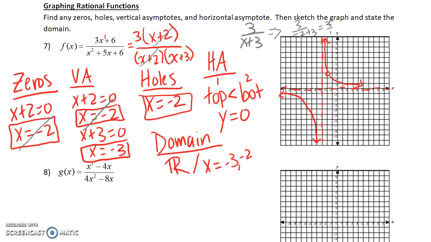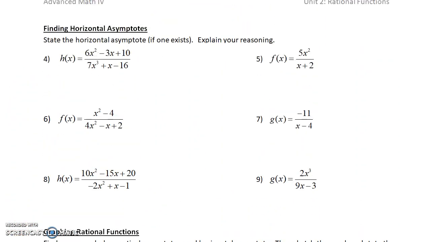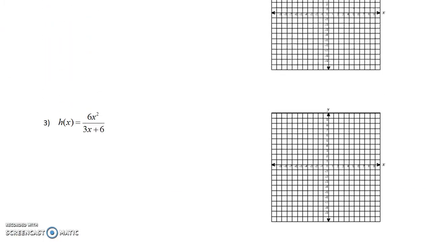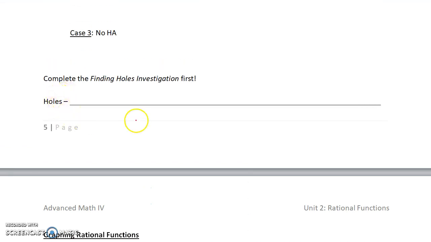So if we go back to our notes here, sorry, it's going a little slow. Go back to page 5. At the very bottom of your page, we didn't do the finding holes investigation, but we skipped it this time. But we want to define holes. Holes are zeros of the numerator and denominator.